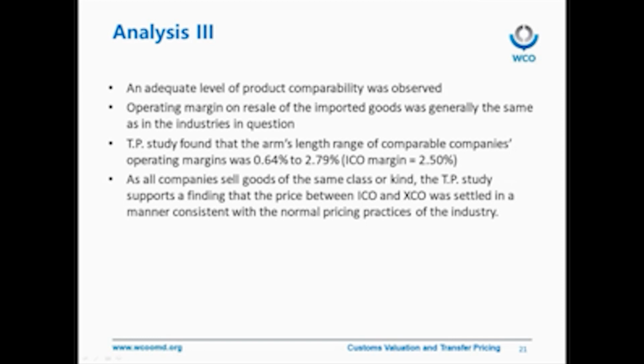And the TP study found that the arm's length range of comparable companies' operating margin was between 0.6 and 2.7, while ICO's margin is 2.5.